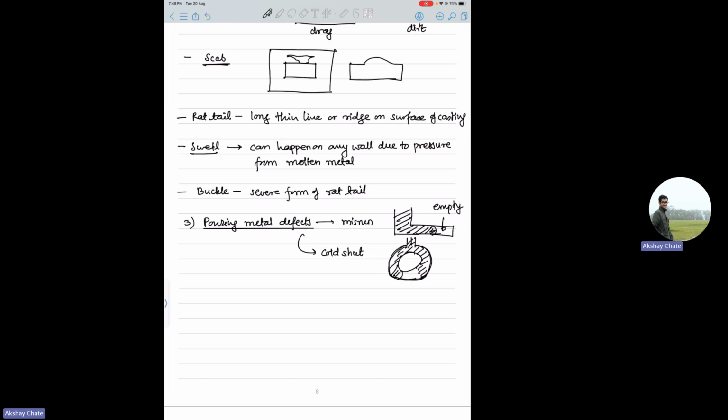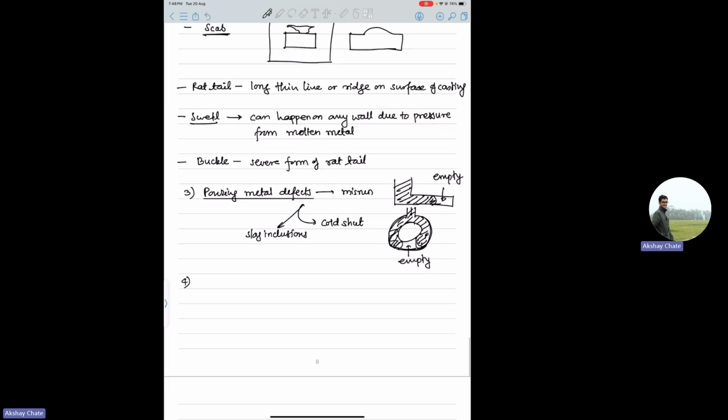Your two streams will not meet and they solidify like that, and this part remains empty. So this is cold shut. And sometimes you'll have slag inclusions, that we already saw. If you are pouring very fast, slag will come and end up inside your mold or liquid metal, and it will solidify like that.